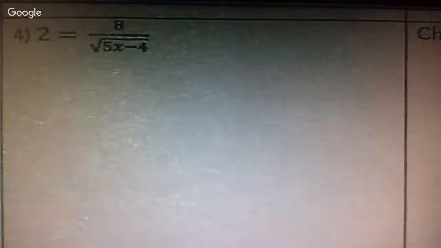Multiply by 1 over 8. Multiply the opposite. So you're saying you want to multiply by 1 over 8, and then you put the 2 over 1?